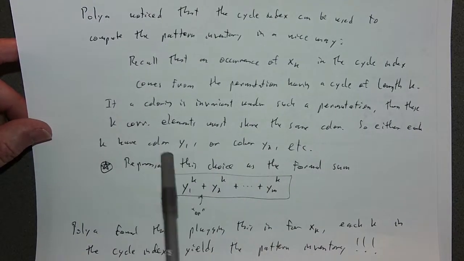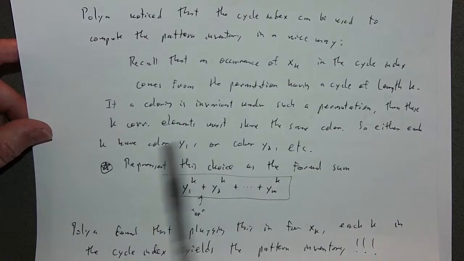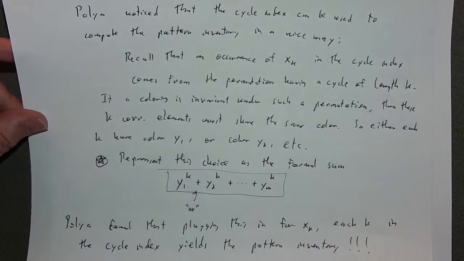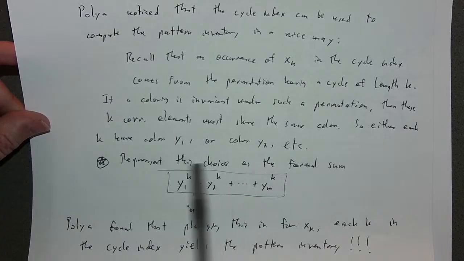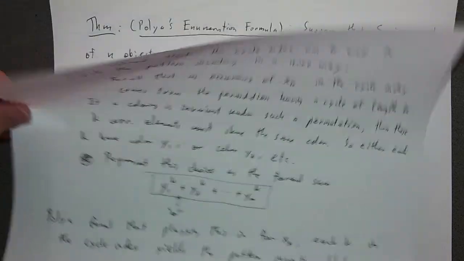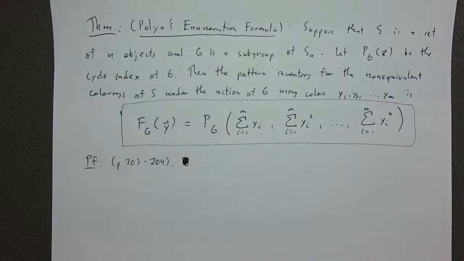We can represent having that color as a choice. This is an OR choice, so we represent this choice as this formal sum. Plugging this into the cycle index is exactly what's on the right-hand side here. We just have to show that that is exactly the pattern inventory. I'm not going to do that. If you want to read the proof, it's 203 to 204.